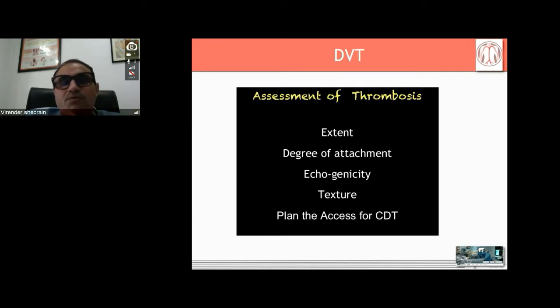So that will give a fair idea, and this has to be mentioned in your description of your report, because this is very helpful to the treating endovascular specialist who is planning to do a thrombolysis or pharmacomechanical thromboaspiration, because the age of the clot is important, and your tiny comment can definitely help him or her. So the texture, then the plan for the access for the thrombolysis.